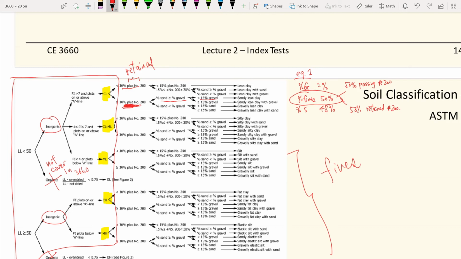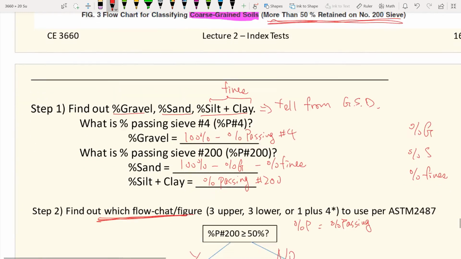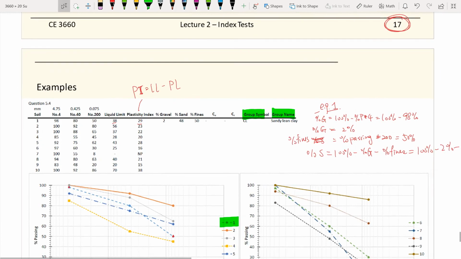So this 50% is greater than 30%, so we go to the lower part, and clearly we have more sand than gravel, so we go here, and we have less than 15%, we go there. So the group name at the end of the day is sandy lean clay, for example number 1. Group symbol is CL.